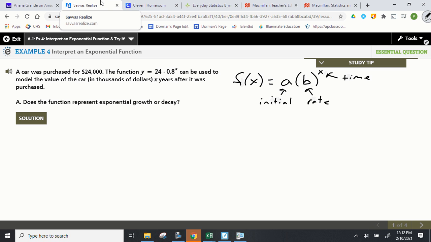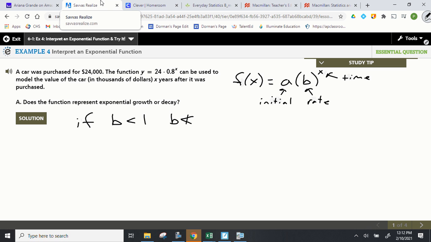And we're being asked if this represents exponential growth or decay. And I'm going to tell you that if b is less than 0, oh, sorry, silly me. If b is less than 1, and it always has to be either less than 1, b cannot be, it can't be less than 0.